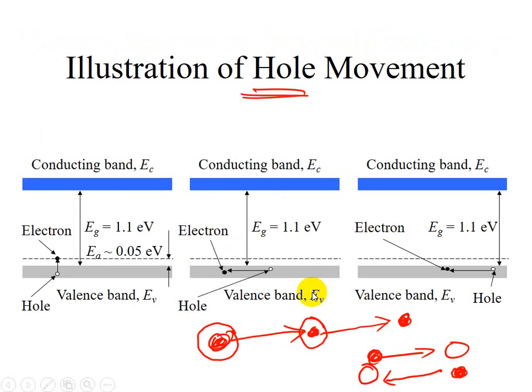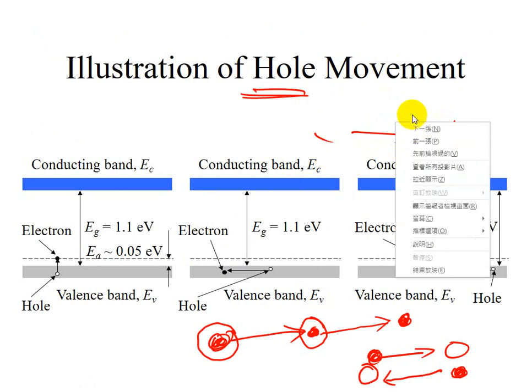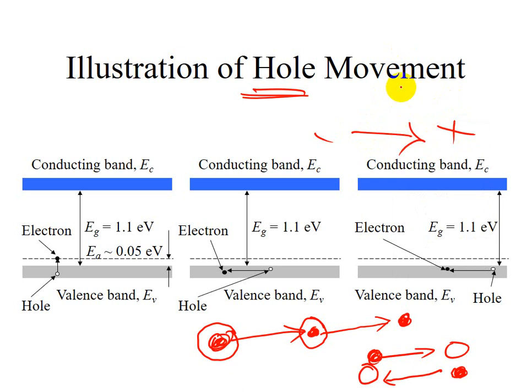Under an electrical field, the electron always moves from the negative side to the positive side, and on the opposite, the hole moves from the positive to the negative side.